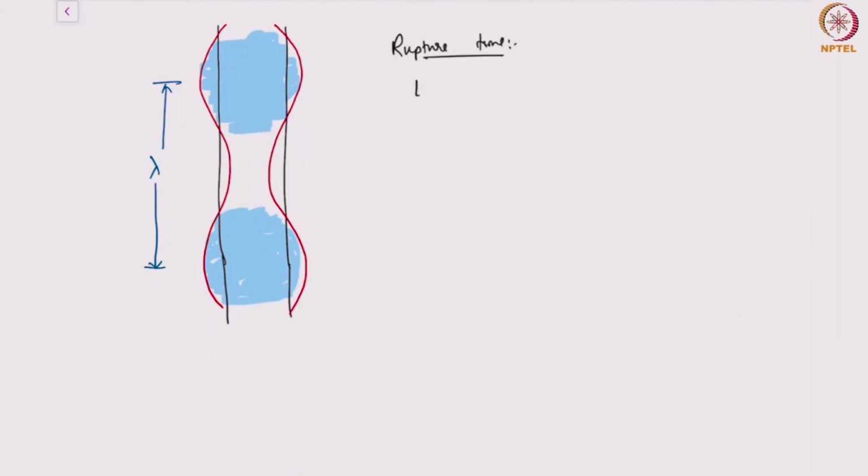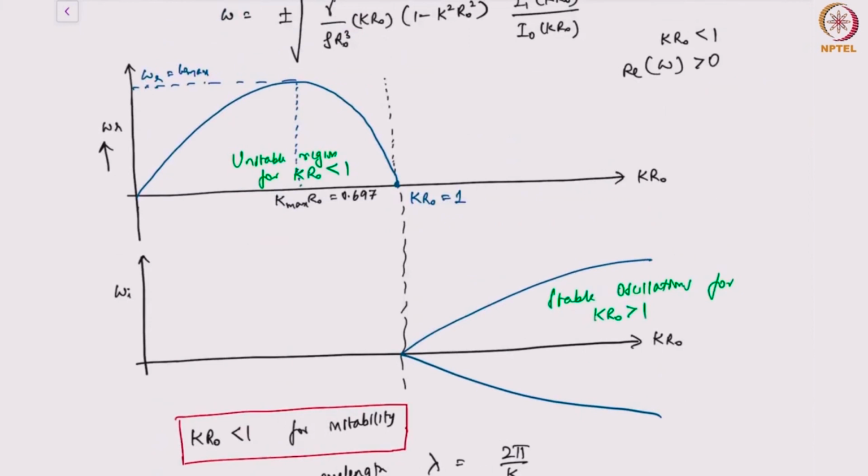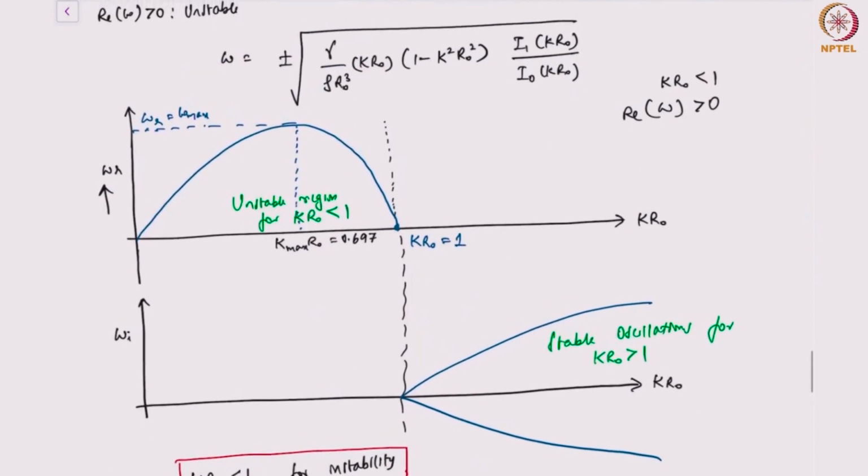Rupture time would be something like growth rate, okay, and if I told you the value of k R0 where the maximum occurs, once you substitute the value of kR0 equal to 0.697, you can also get the value of the growth rate.